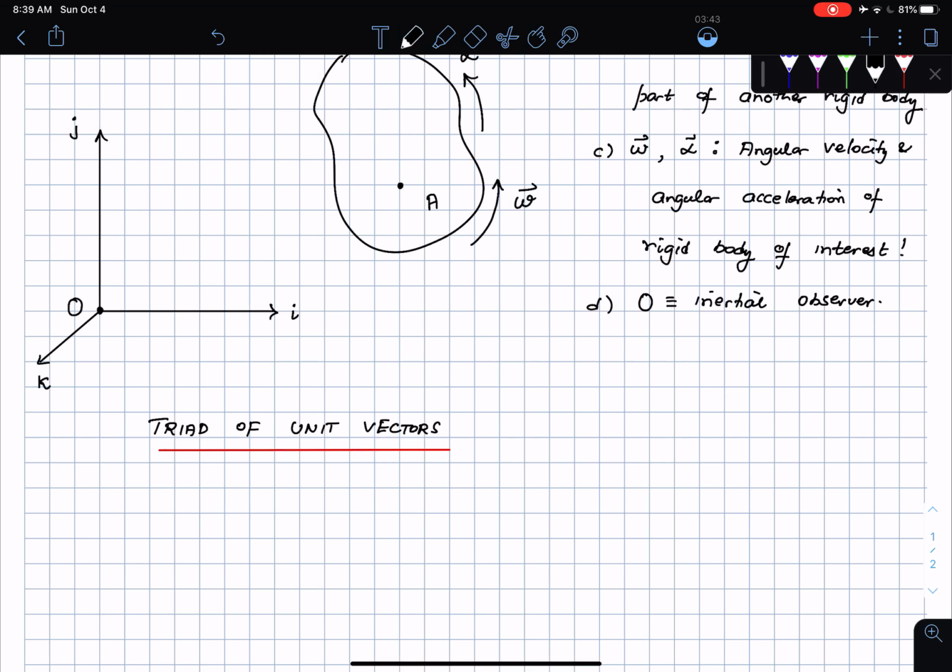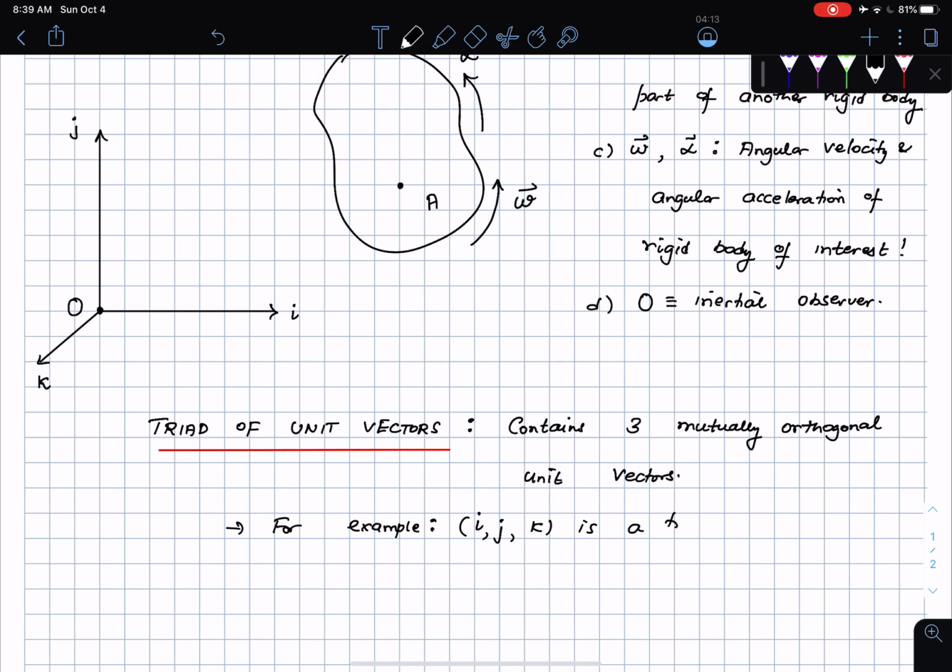In a sense, a triad of unit vectors contains three mutually orthogonal unit vectors. For example, ijk is a triad.